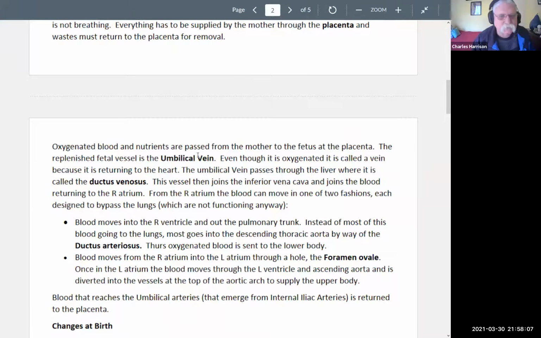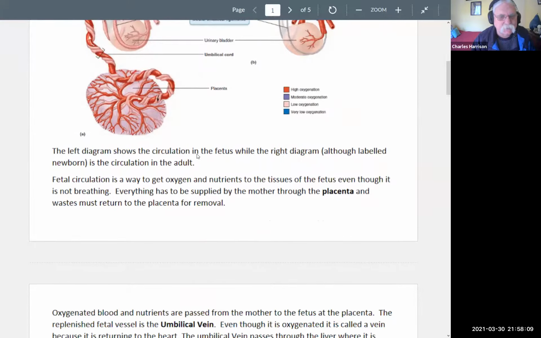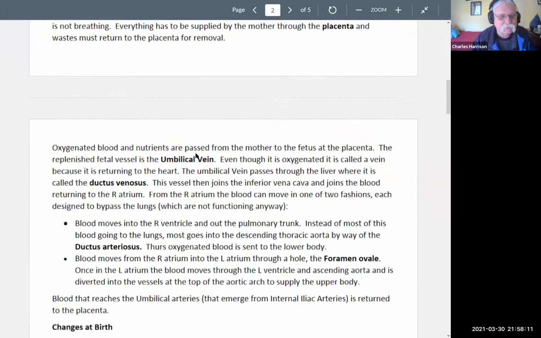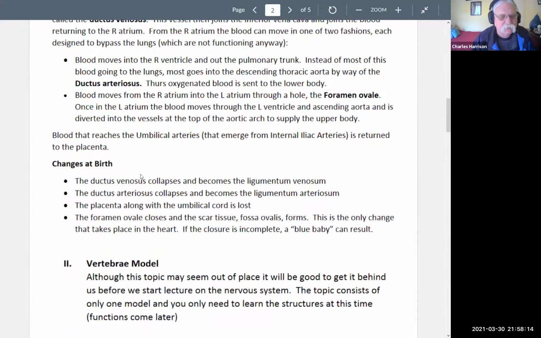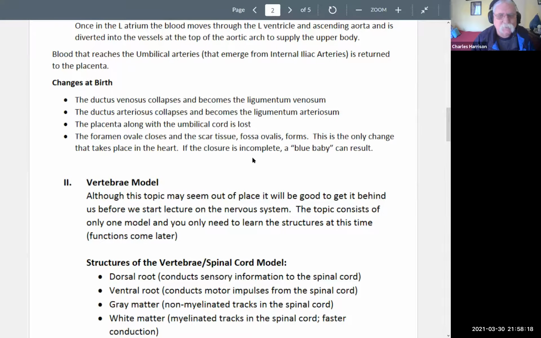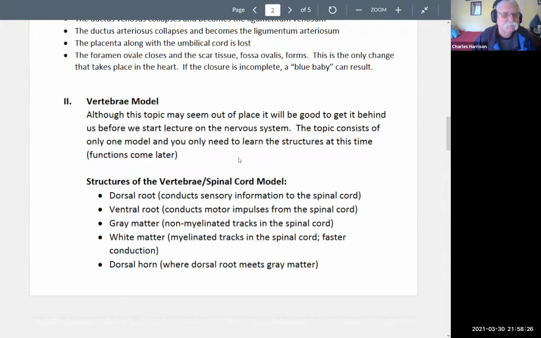Below the page in the diagram I have some text outlining the changes at birth for you. The vertebra model we're going to do next. It's on the same page.